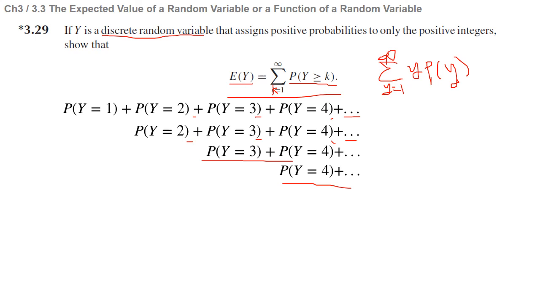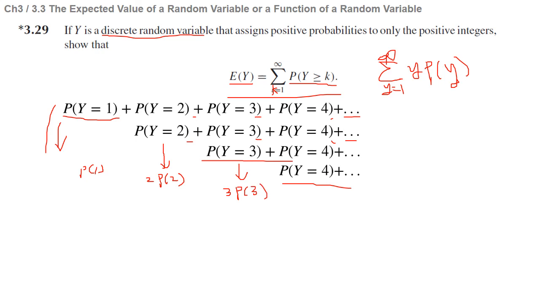Okay, and if you look at this enumeration in this way, there's one probability of Y equals 1, 1 times p1, and if you look at this direction, there's 2 p2, and if you look at this direction and sum them up, it's 3 p3.